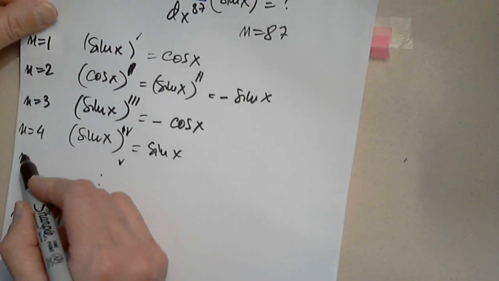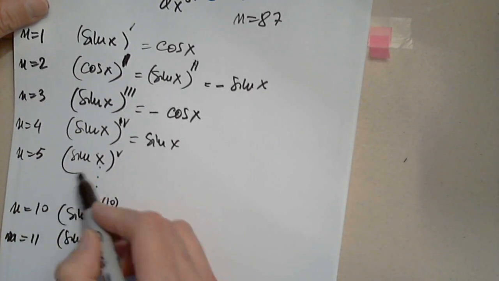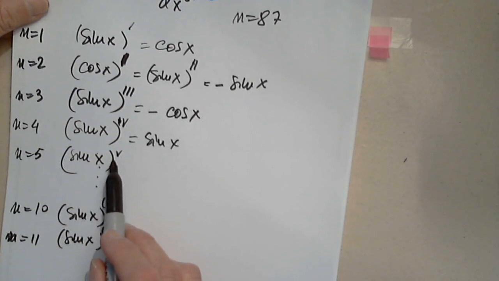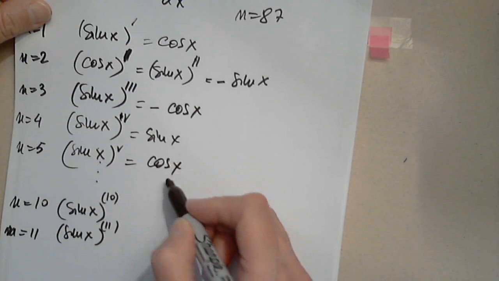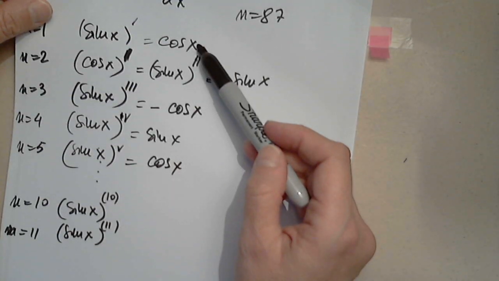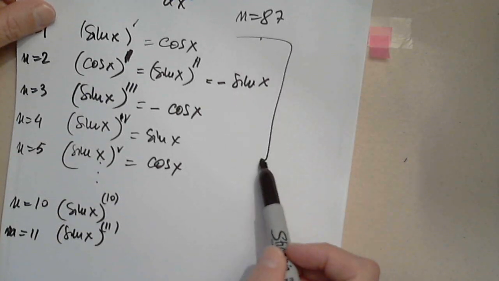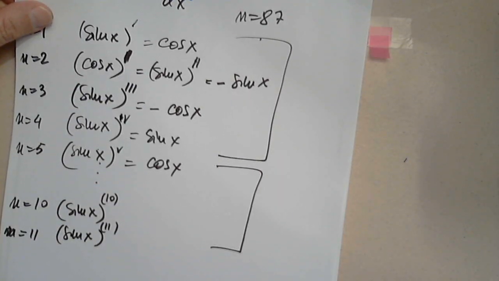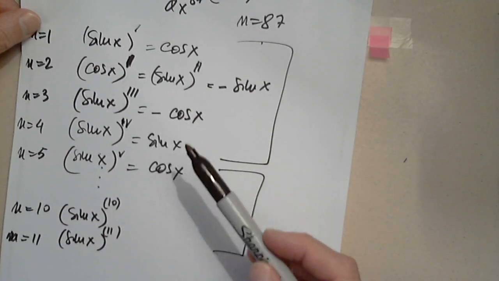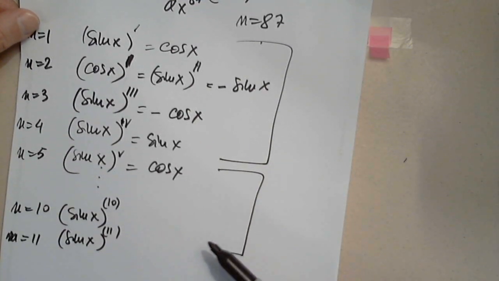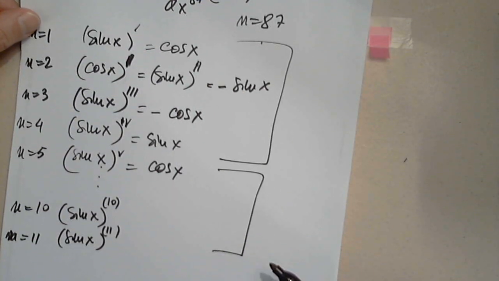If we go to n equals 5, sine x differentiated the 5th time will be cosine x. So I'm back to this. Everything repeats in blocks of 4, in sets of 4. Cosine, negative sine, negative cosine, sine. Cosine, negative sine, negative cosine, sine. So on and so forth.